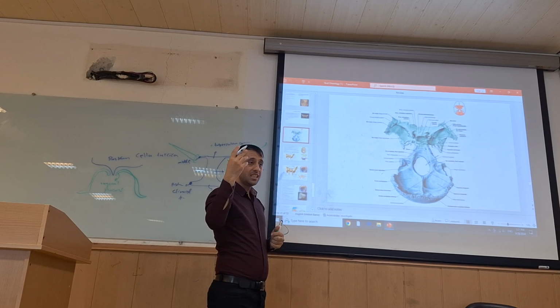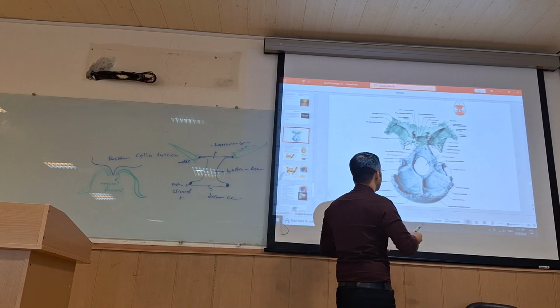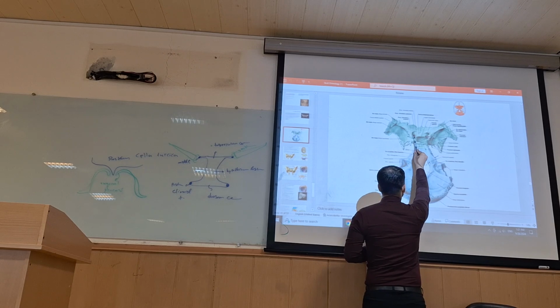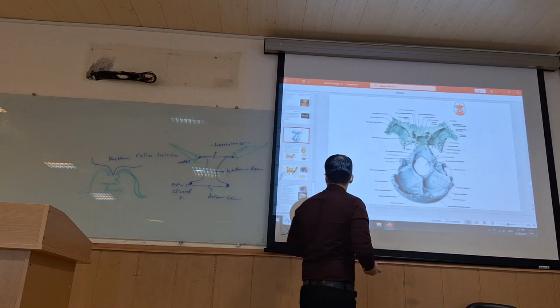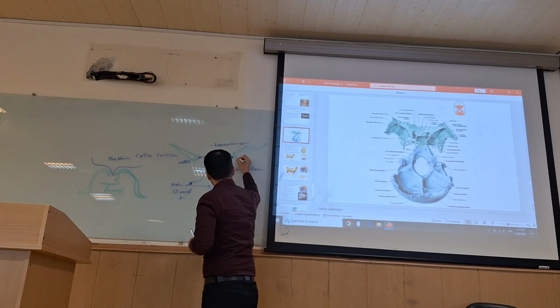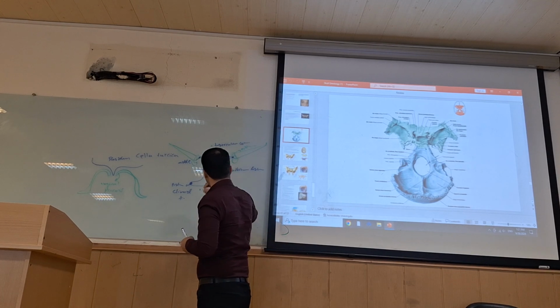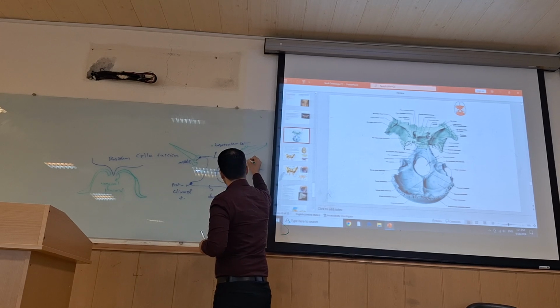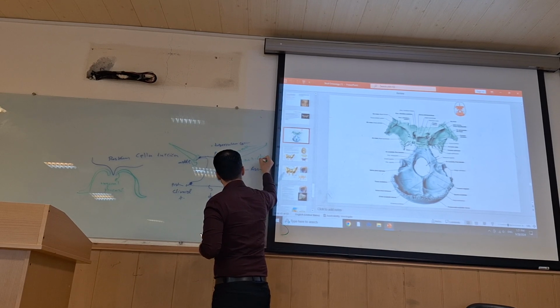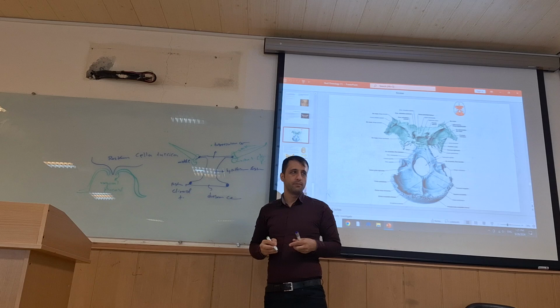Also, as you can see, I talked about the clinoid processes, middle and posterior here. Yes? Where is the anterior clinoid process? I said that the posterior root of the lesser wing, at this area, makes the anterior clinoid process. Okay?